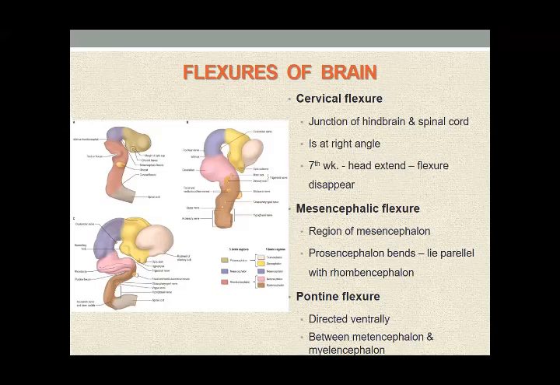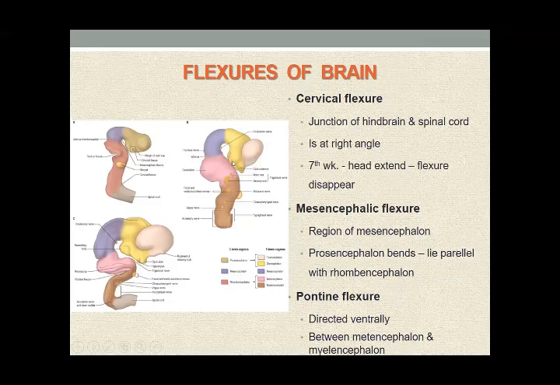Now this develops because there comes a time when the head bend occurs from a straight neural tube. When a dorsal curve develops, there comes a time when this prosencephalon comes to lie parallel with this structure, rhombencephalon. You can see these two lying parallel. As a result, this bend is produced, in the region of the midbrain. Why is this produced?